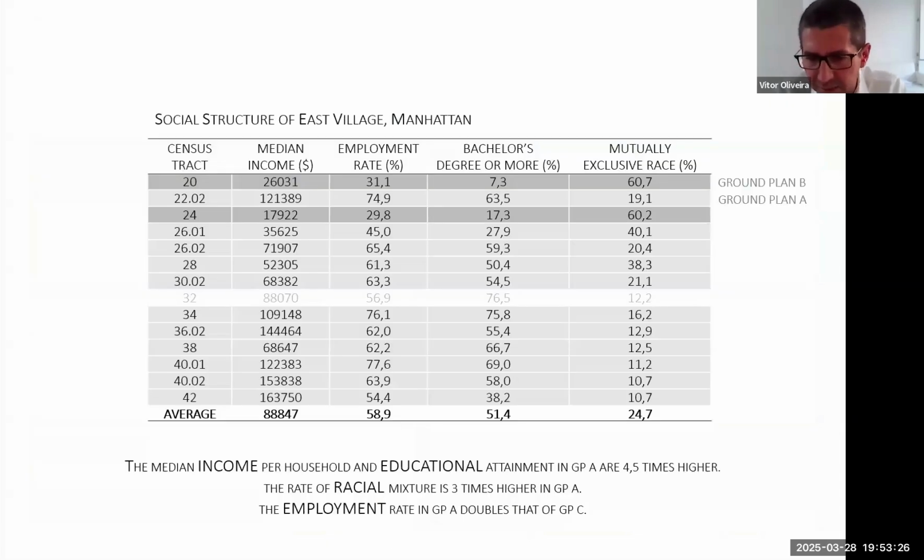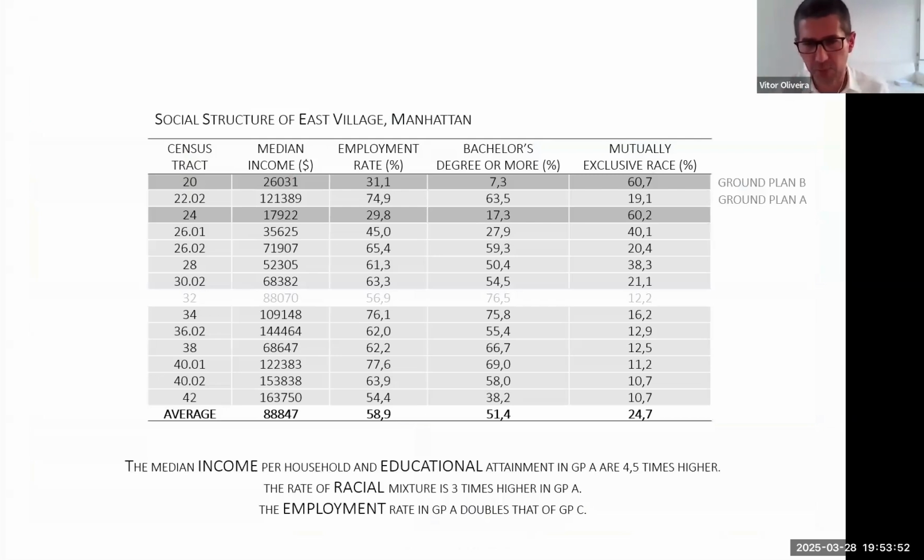As you can see here, the difference is quite remarkable between the two census tracts that we have classified as ground plan C. Here in the table it is wrong, it's not B, but it's C, and the 11 census tracts that we classified as ground plan A.